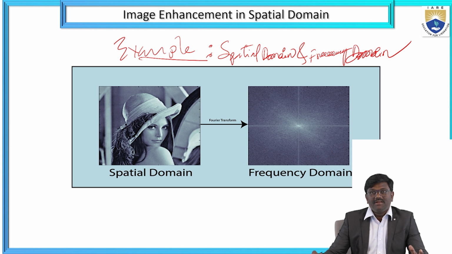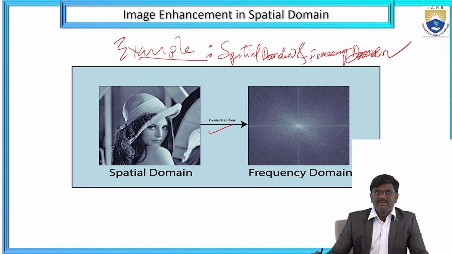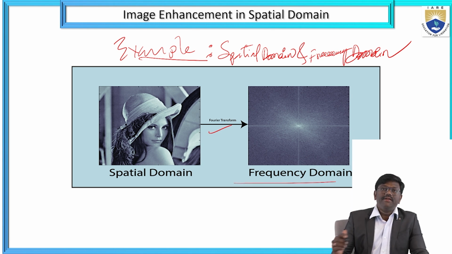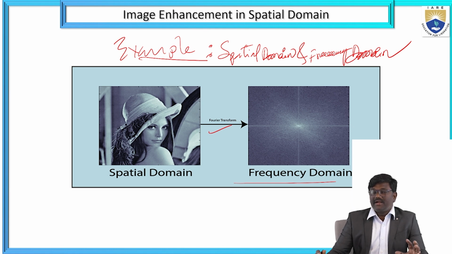Let us take the image here, the Lena image, to which we apply the Fourier transformation. This is a standard image, simply called the Lena image. This image in the spatial domain is a black and white grayscale image, which we transform into the frequency domain with the help of the Fourier transform method. Then we get the output image.